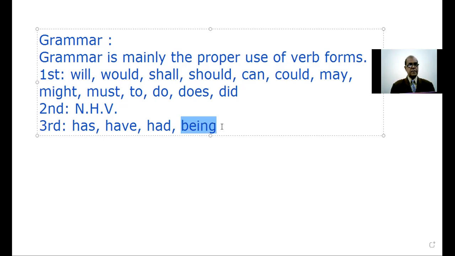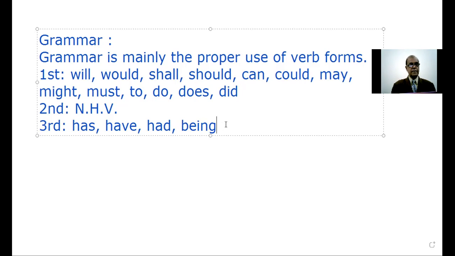It is because you can find them in present, in past, and in future. And the other thing is that being modifies the meaning of a sentence which we have already concluded. So in this way, being makes a problem.